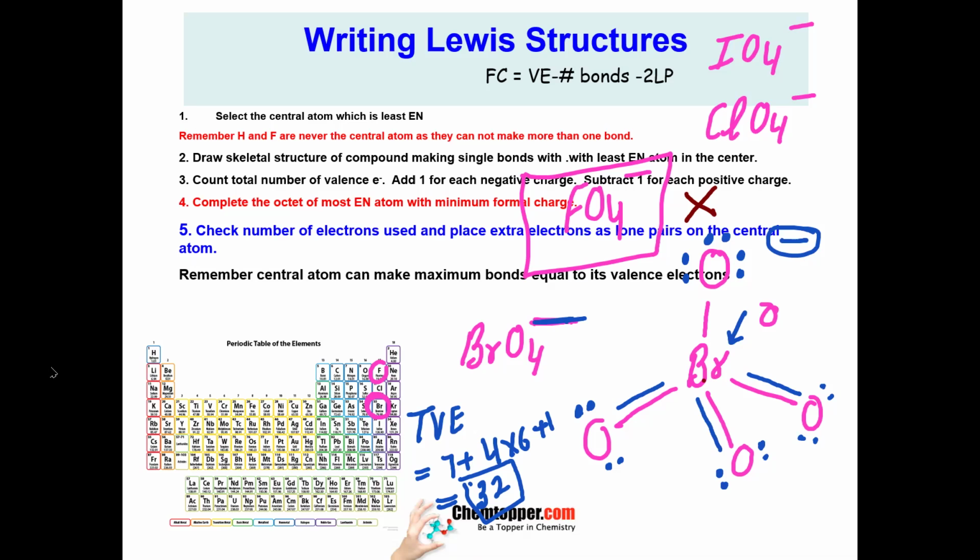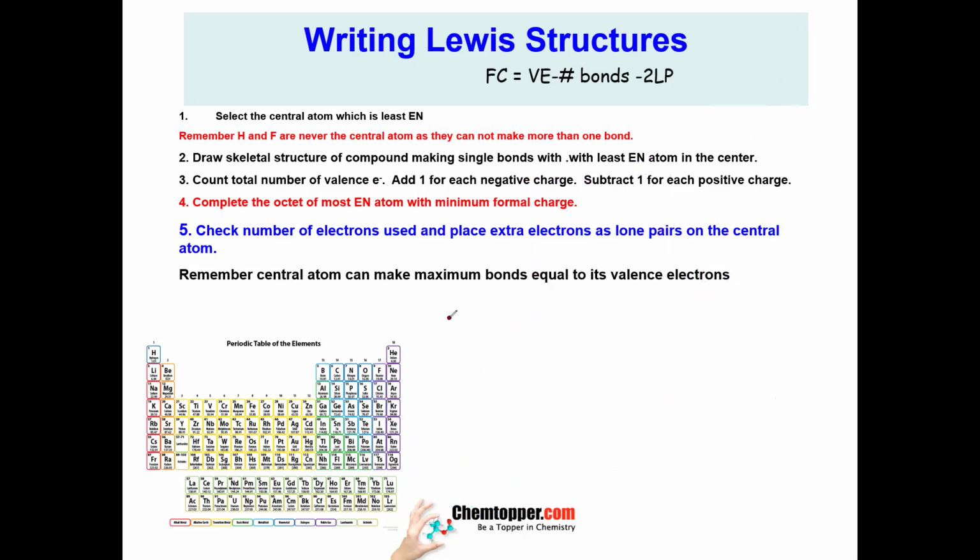Okay. Now I'm giving you one more structure, but we have to be very careful with this. NO3 minus. Check nitrogen. Do you think nitrogen can have expanded octet? Gautam is saying yes. Who is going to correct him?